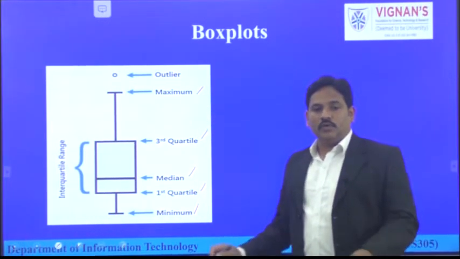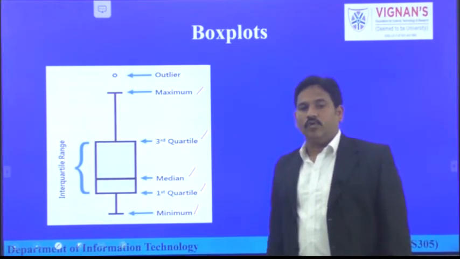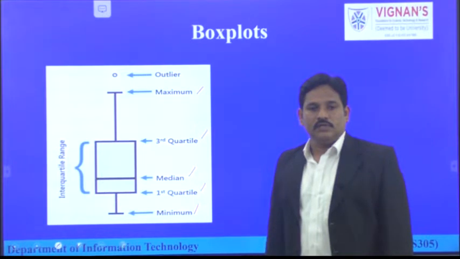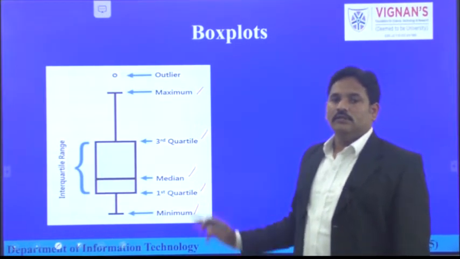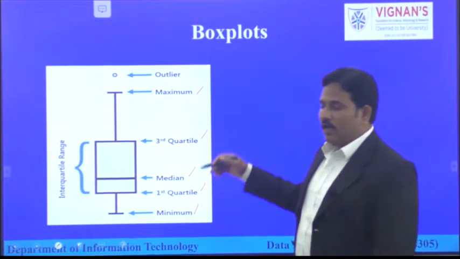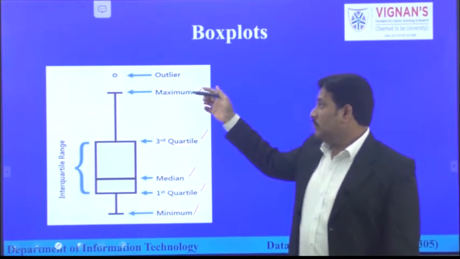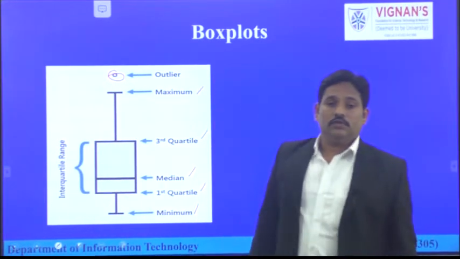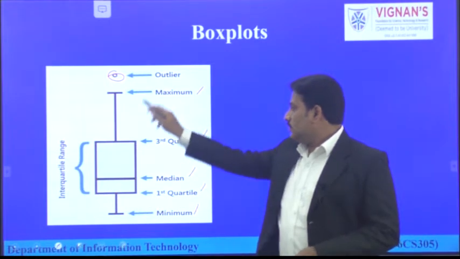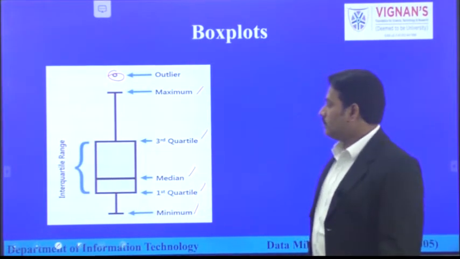Q1 and Q3 are the borders of the box. Minimum and maximum are the extended values connected by straight or dotted lines, which we call whiskers. Any value which falls beyond the minimum or maximum boundary, we call an outlier.